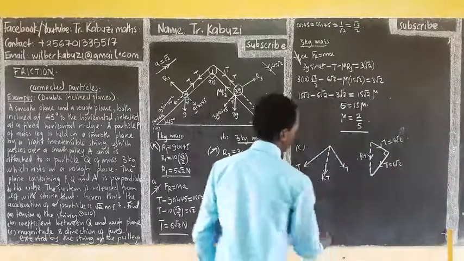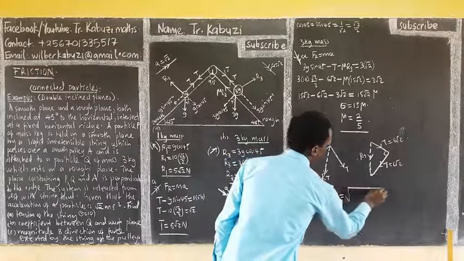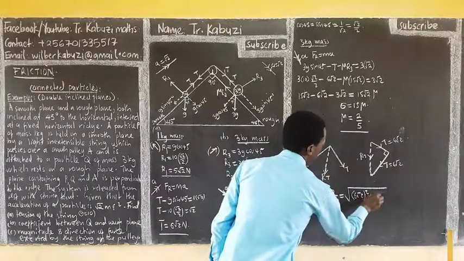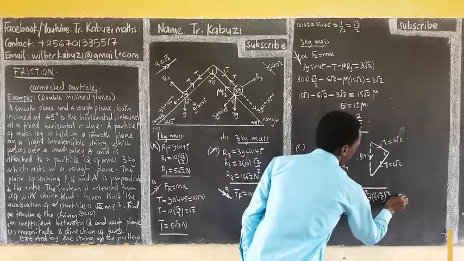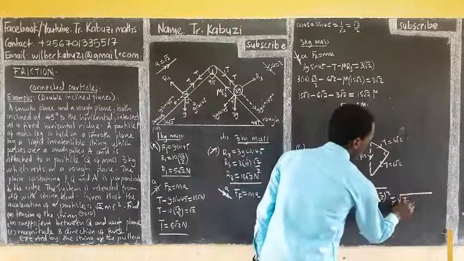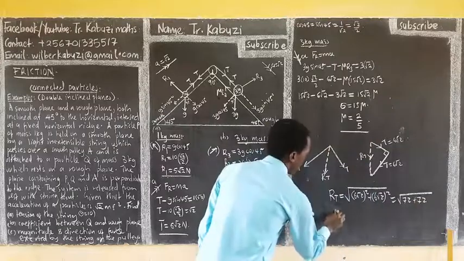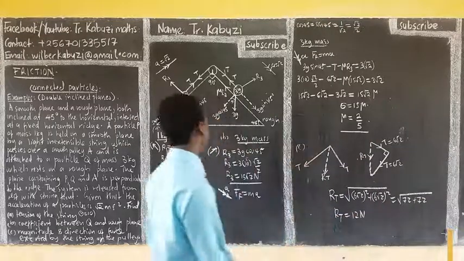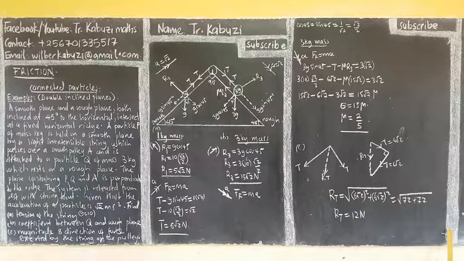Our resultant, RT, is going to equal the square root of 6 root 2 squared plus 6 root 2 squared, which will be 72 plus 72. So our RT is going to be 12 newtons. So that's the resultant. This tension is going to apply that.